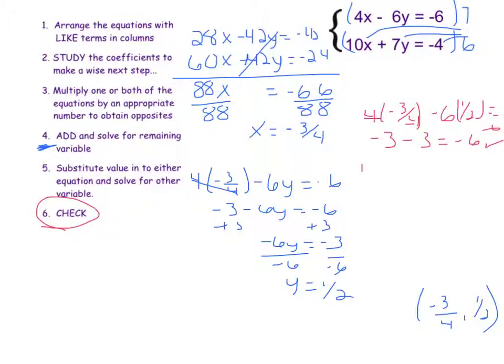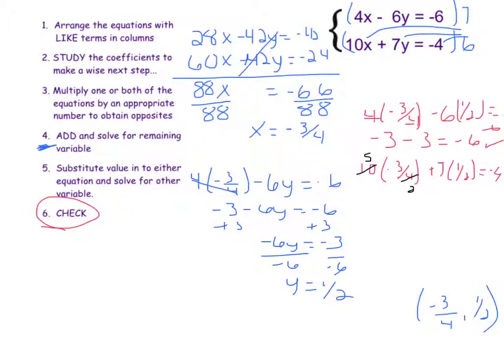So now we just have to do the next one. 10 times negative 3/4 plus 7 times 1/2 should equal negative 4. So here, I'm going to change colors. We can cancel, 2 goes into 4 2 times, it goes into 10 5 times.